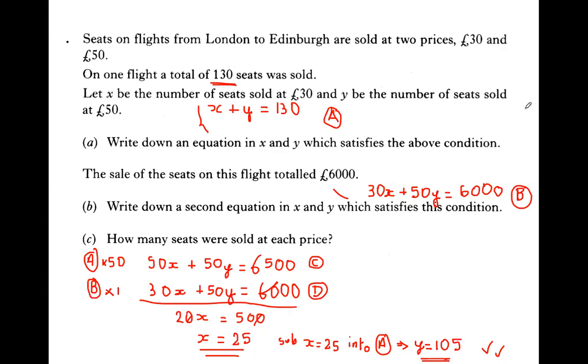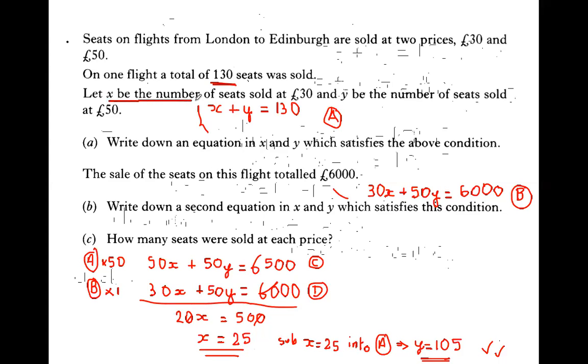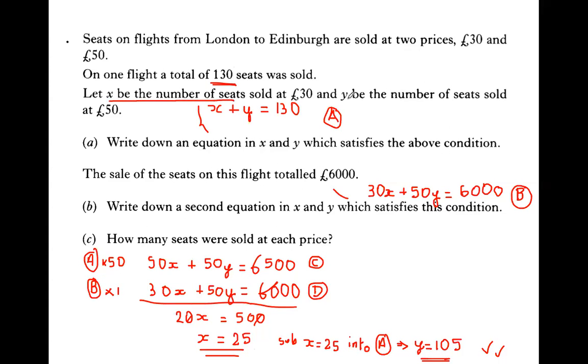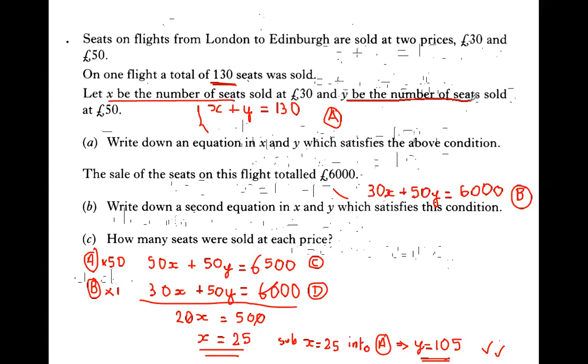Y, number of seats. Tell that to yourself a few times, because we're so used to adult price, children price. But just read the problem, underline what's important, and walk your way through it.